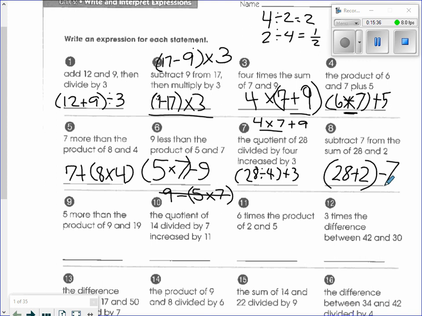It's not the sum of 28 and 2 from 7. It's 7 from the sum of 28 and 2.